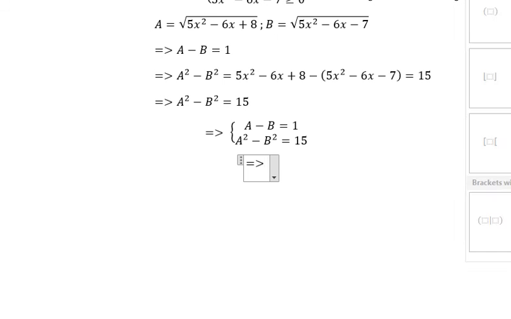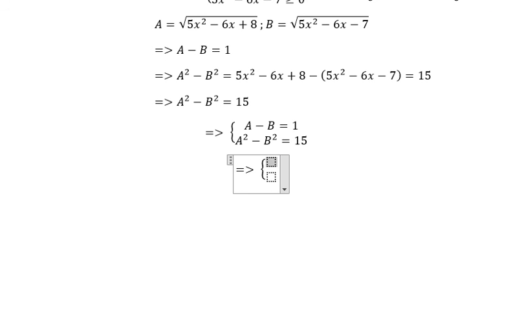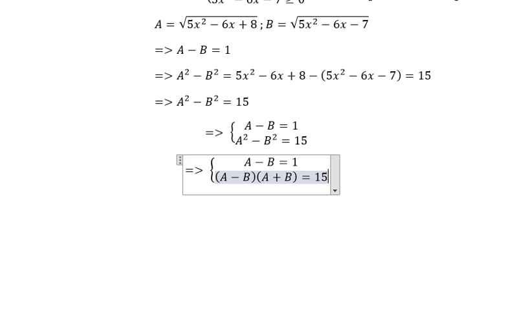And now we have A minus B equals 1. So we have A minus B multiplied with A plus B equal to 15.